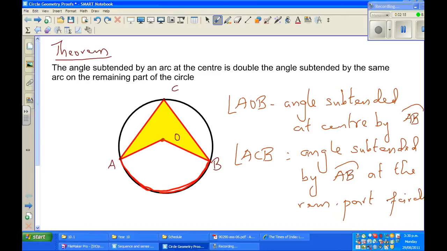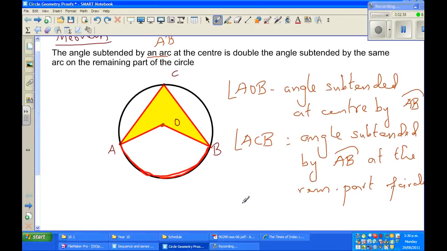So let us read the statement again. The angle subtended by an arc, by an arc here we mean arc AB, at the center, that means at O which is the center, is double the angle subtended on the remaining part. So what we have to prove is basically that angle AOB is 2 times angle ACB.